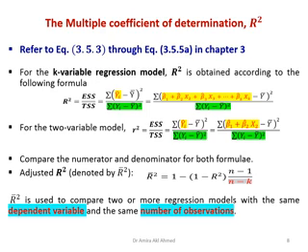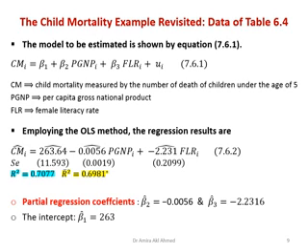Now, let's consider some numerical examples for multiple regression models. The first numerical example to be considered is the child mortality example.